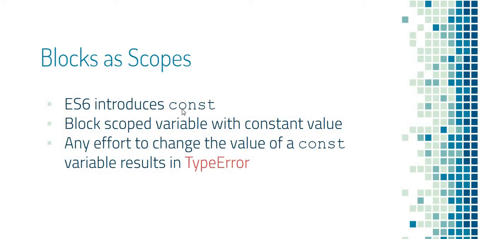So const was also introduced in ECMAScript 6, and when we declare a variable using the const identifier, we scope the variable within the block where we declare it, and also the variable is declared with a constant value, which means that the value of the variable cannot be changed after the initialization, and the initialization is done at the time of declaring the variable.